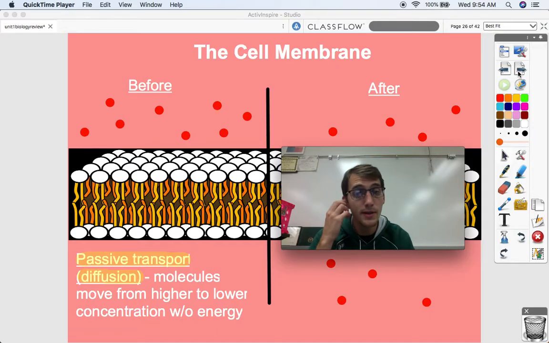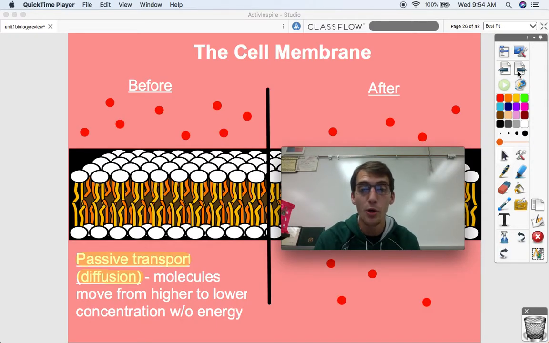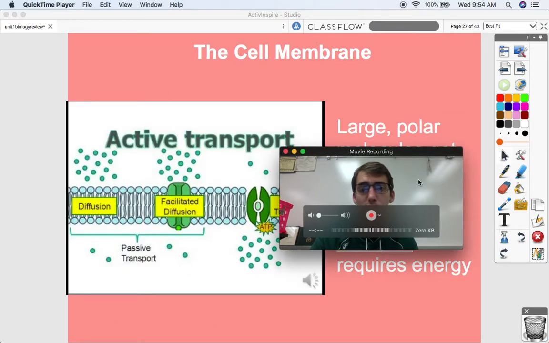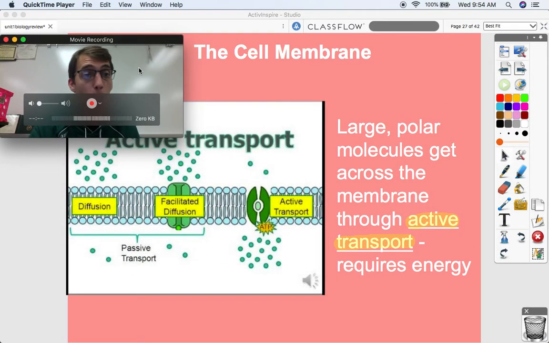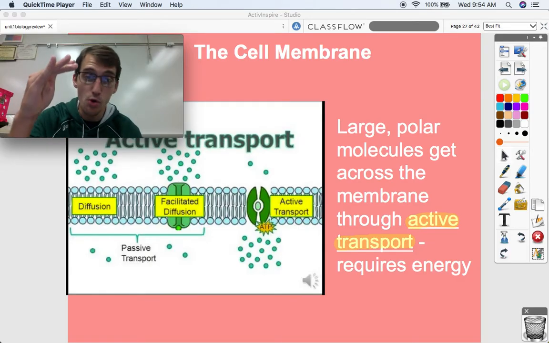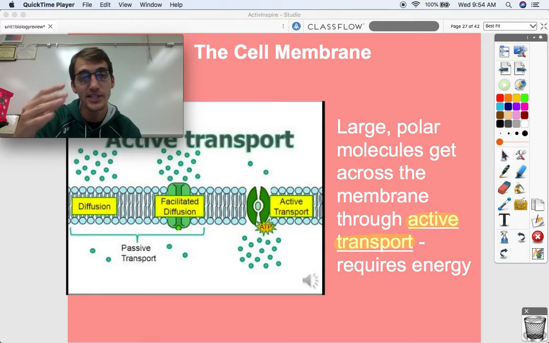This is going to be really important when we talk about the urinary system, how your kidneys are able to filter out certain substances that should not be in your blood, or maintain water balance. So that's called diffusion or passive transport, when things move across the membrane without energy, from high concentration to low concentration.